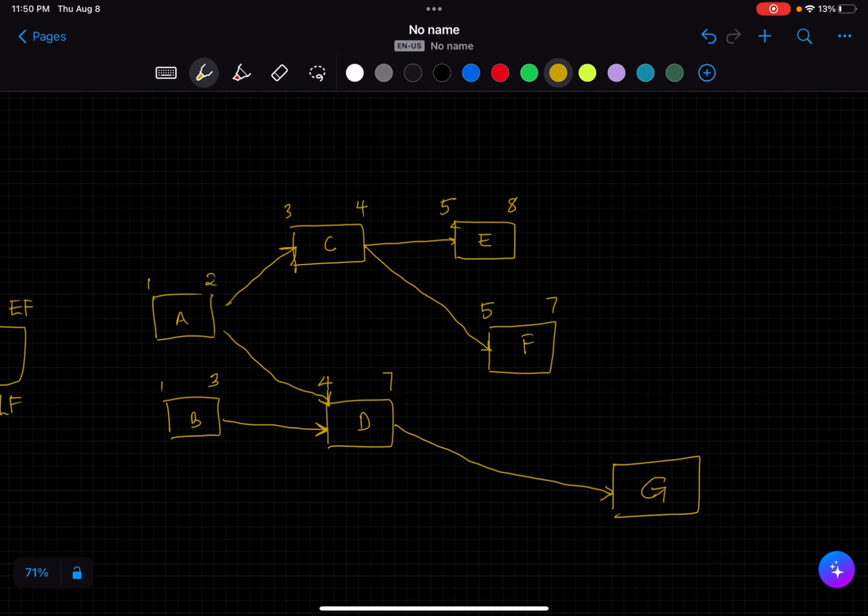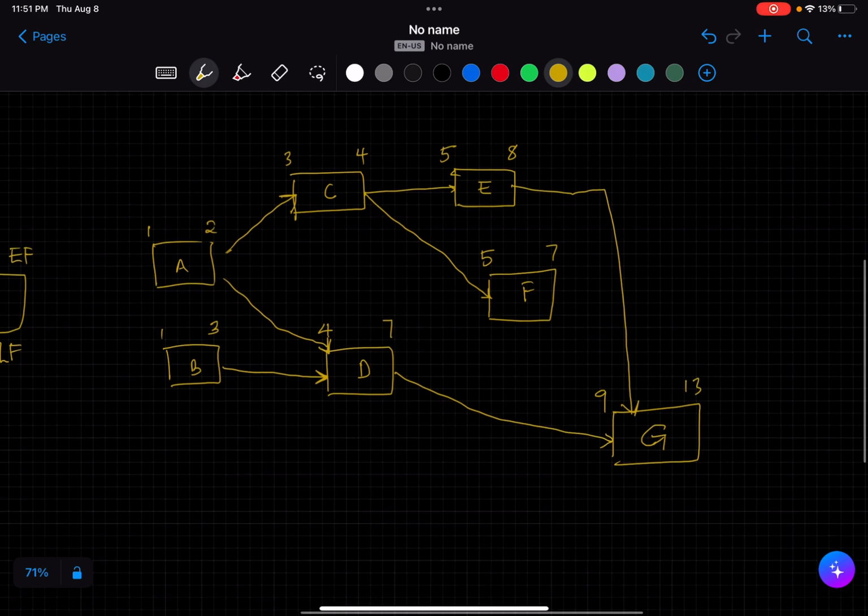So the earliest start for G is going to be 9. G is a 5-week activity, so this will span up until 13.